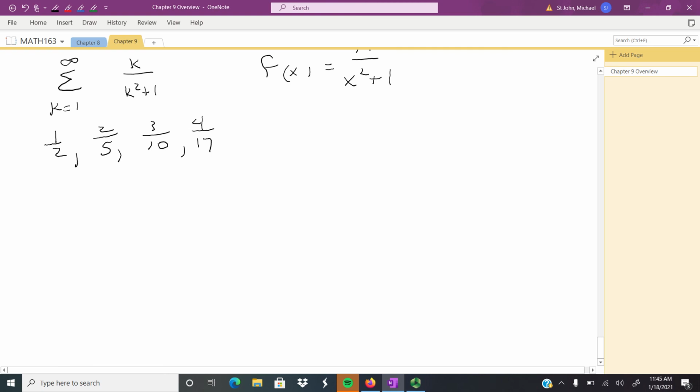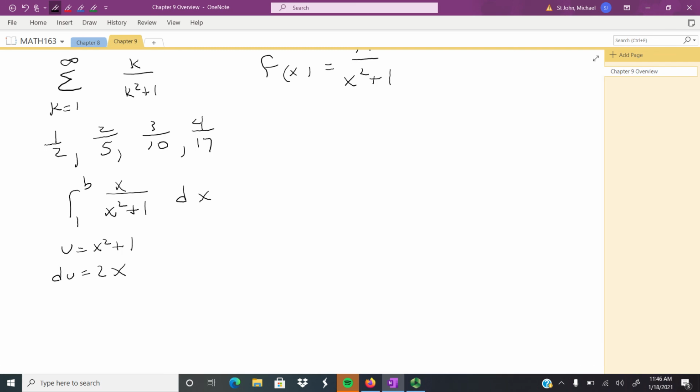So then the integral from 1 to b of x over x squared plus 1. Let u equal x squared plus 1, and then du is going to be 2x.